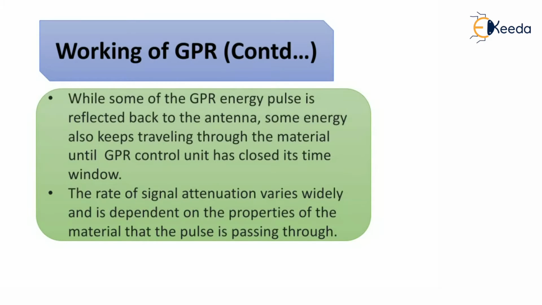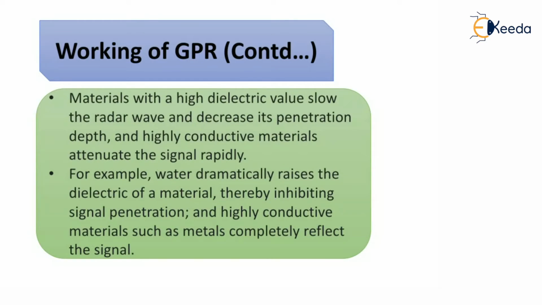While some of the GPR energy pulse is reflected back to the antenna, some energy keeps traveling through the material until the GPR control unit has closed its time window. The rate of signal attenuation varies widely and depends on the properties of the material the pulse is passing through.